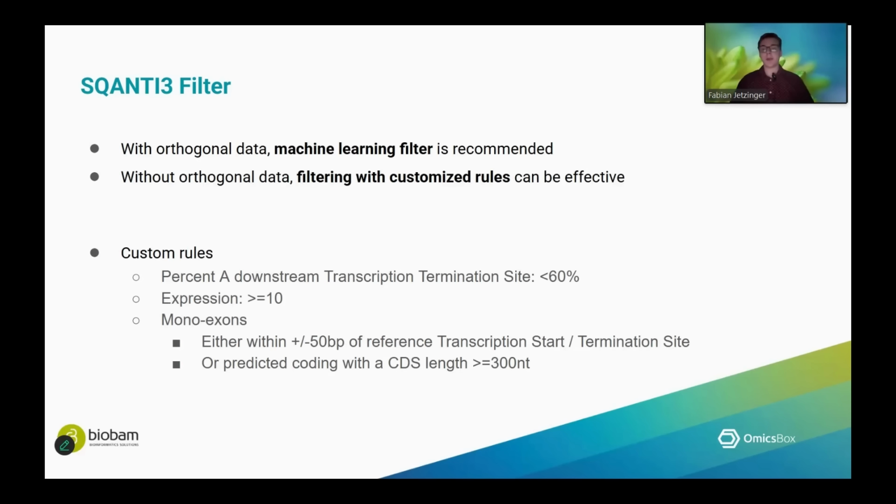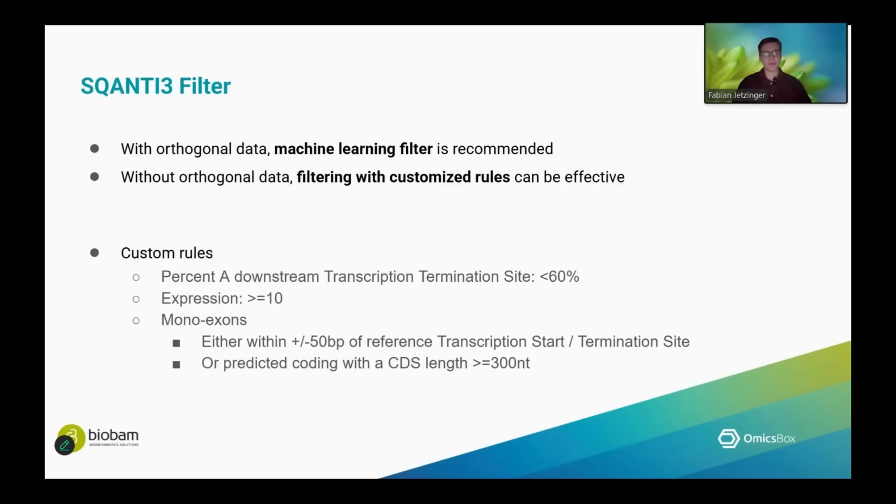Now, we also require transcript models to have an expression level or a number of supporting reads of at least 10, which simply helps us to get rid of some transcripts that are so lowly expressed that we might not be very confident in them being real. And further, we have introduced some rules to be a bit more strict about monoexons. For monoexons, we either require them to lie within plus or minus 50 base pairs of the reference transcription start or termination sites.